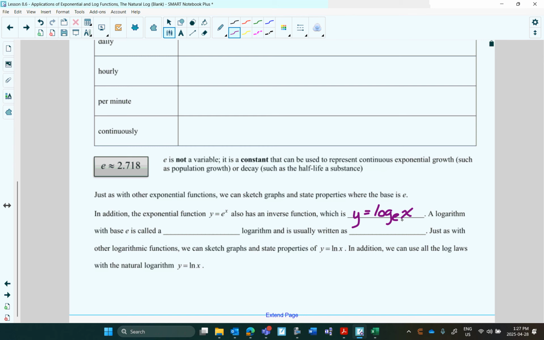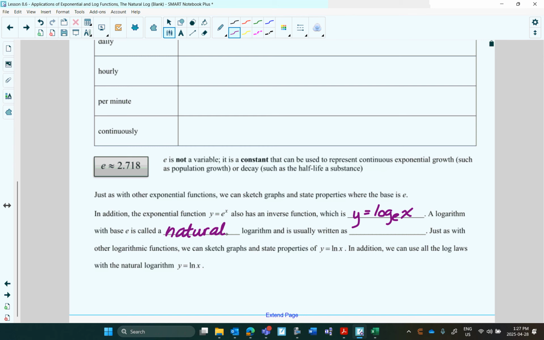Just like the inverse of y equals 2 to the x is y equals log base 2 of x. But we give it a special name when the base is e. We call it the natural logarithm, because we can talk about natural growth and natural decay with this number.